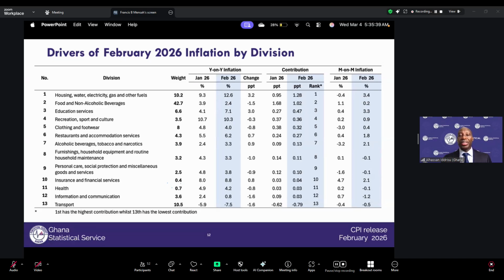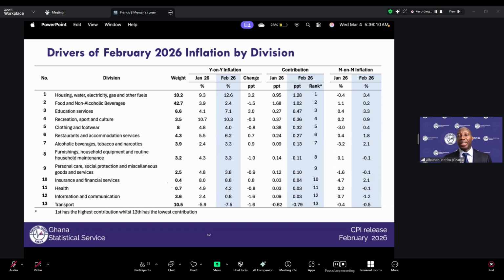Ladies and gentlemen, three divisions, namely insurance and financial services, that's one, secondly, health, and then three, information and communication, contributed the least to inflation. In fact, altogether these three contributed 3% to inflation, whilst we saw transportation actually dragging inflation down by 24%. So in other words, the contribution was negative.